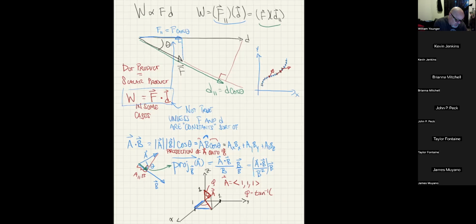This is 1 unit. So what's that red one there? Anybody realize it's square root of 2? In fact, this angle right here has to be 45 degrees because they're 1 and 1. Now we've got that, which is the same thing as the opposite of phi.